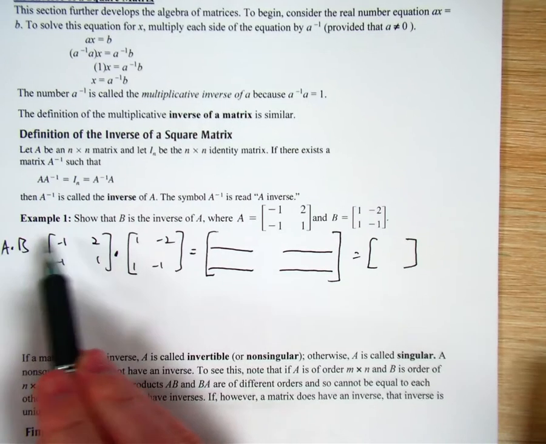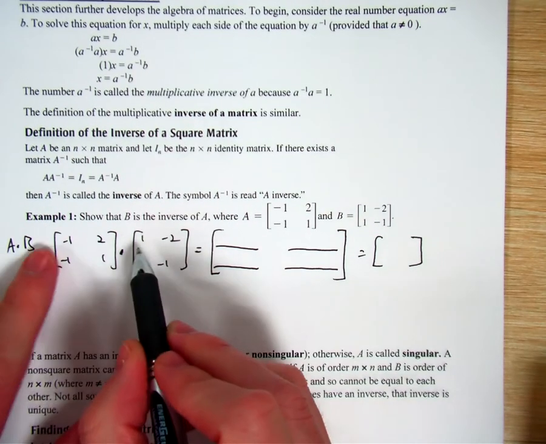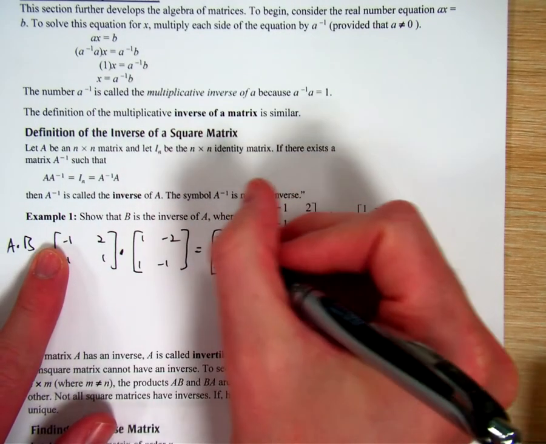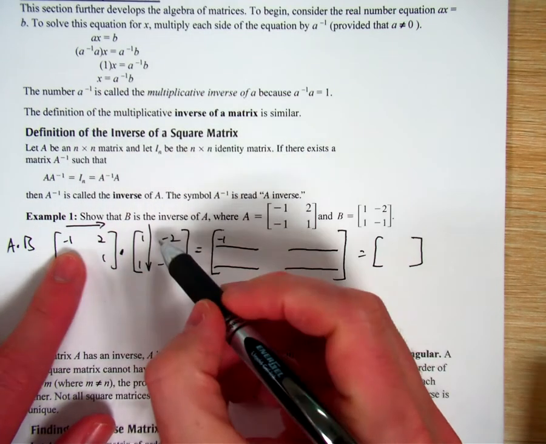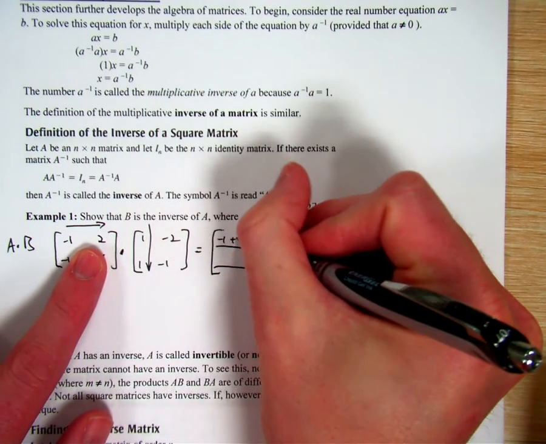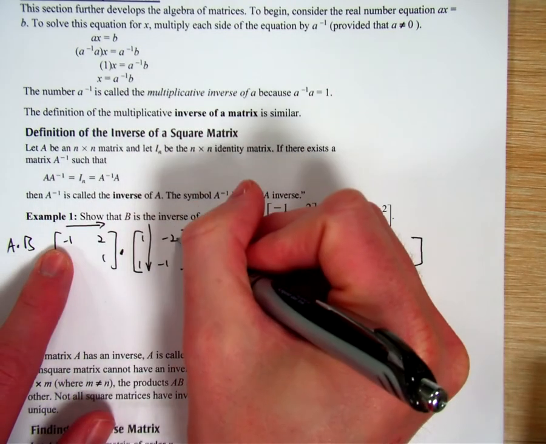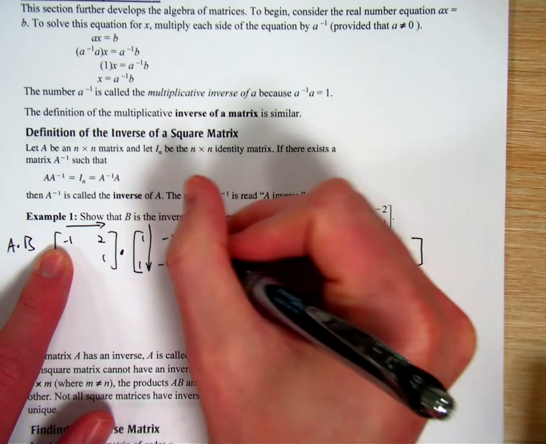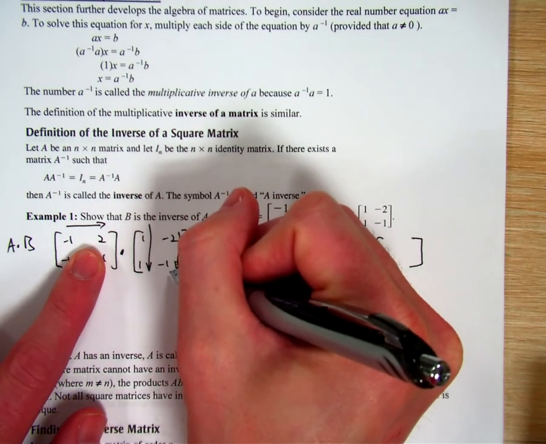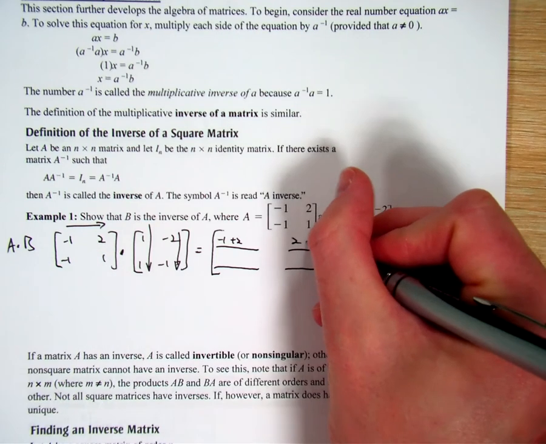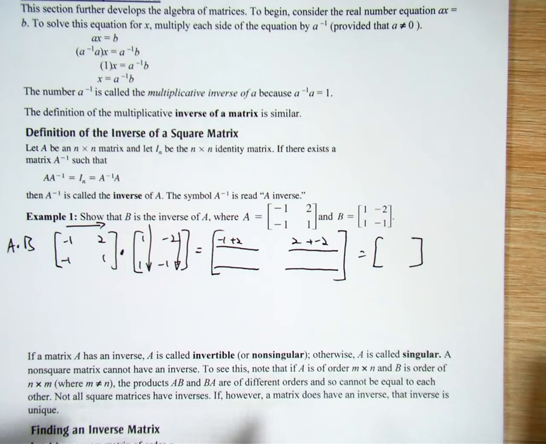Alright, so rows times columns. So we got negative 1 times 1 is negative 1. And 2 times 1 is 2. Negative 1 times negative 2 is going to be positive 2. 2 times negative 1, we have plus a negative 2 there.